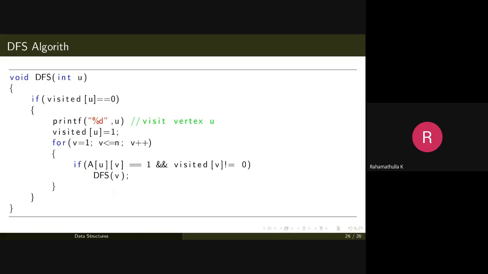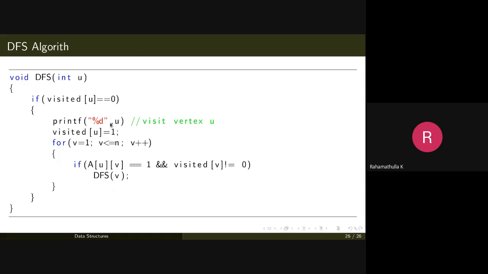Now let's look at the DFS algorithm. Into the DFS algorithm, we are passing once again the initial vertex. This is a recursive algorithm. If visited of u is 0, here also we require a visited array corresponding to the number of vertices in the graph.